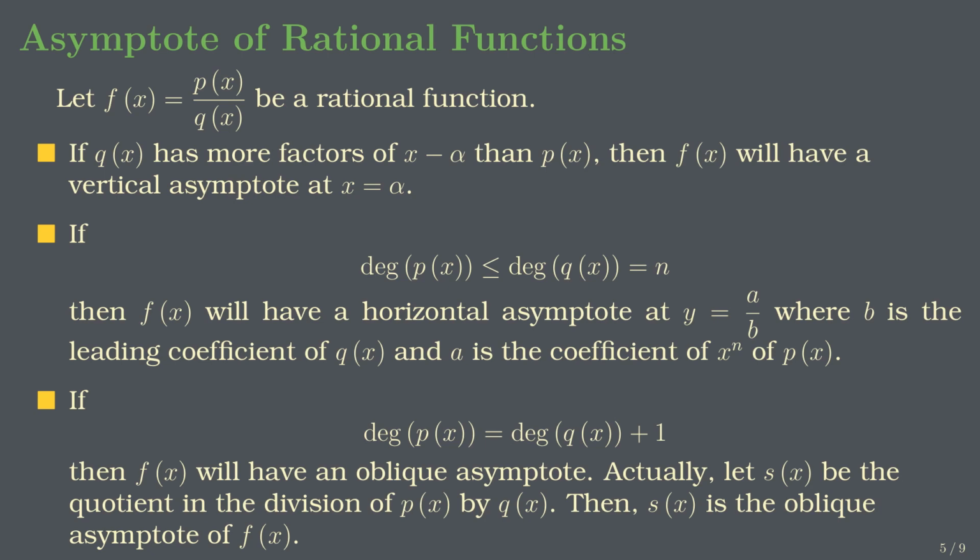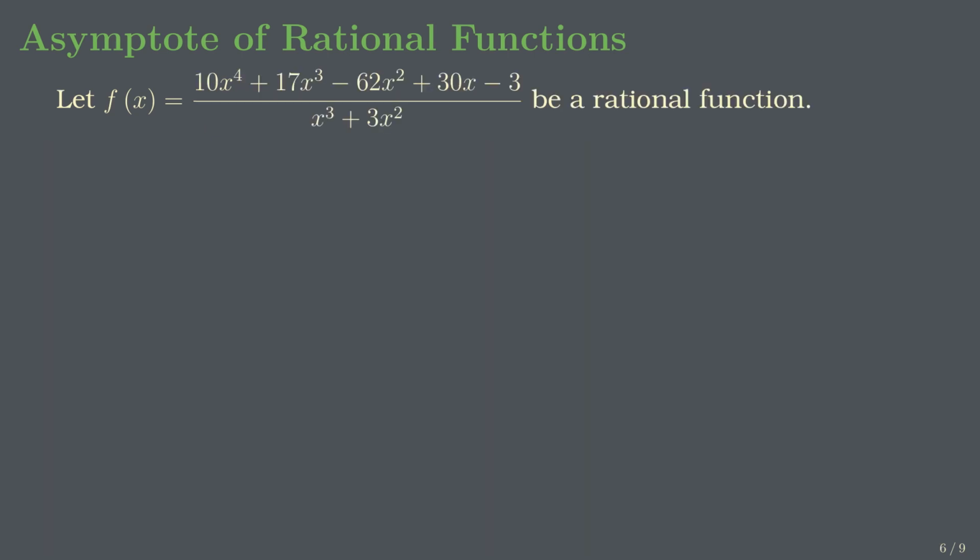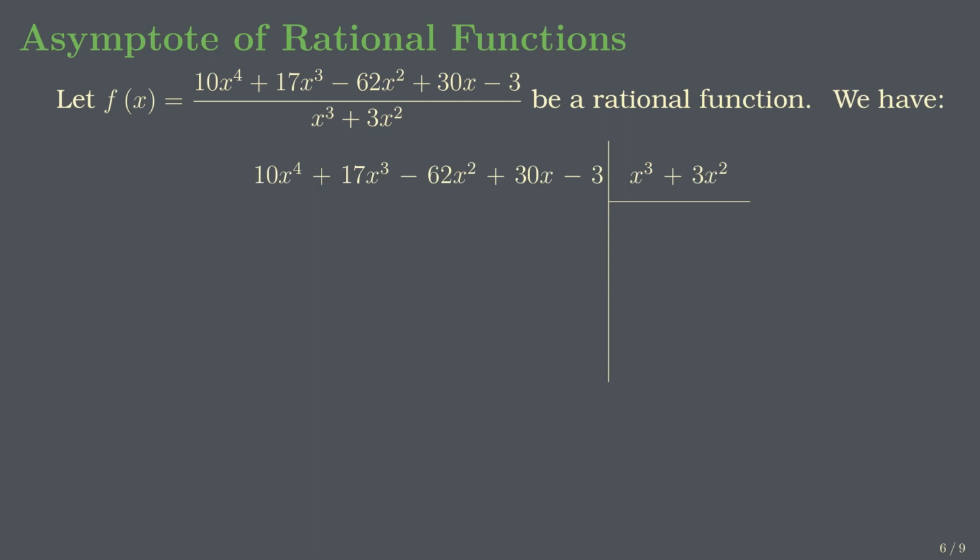In this case, because of the degree condition, the quotient s(x) is of degree 1, and it is the oblique asymptote of f(x). So, for example, if you want to find the oblique asymptote of the rational function f(x) depicted in the slide, then you have to take the Euclidean division of the numerator by the denominator.